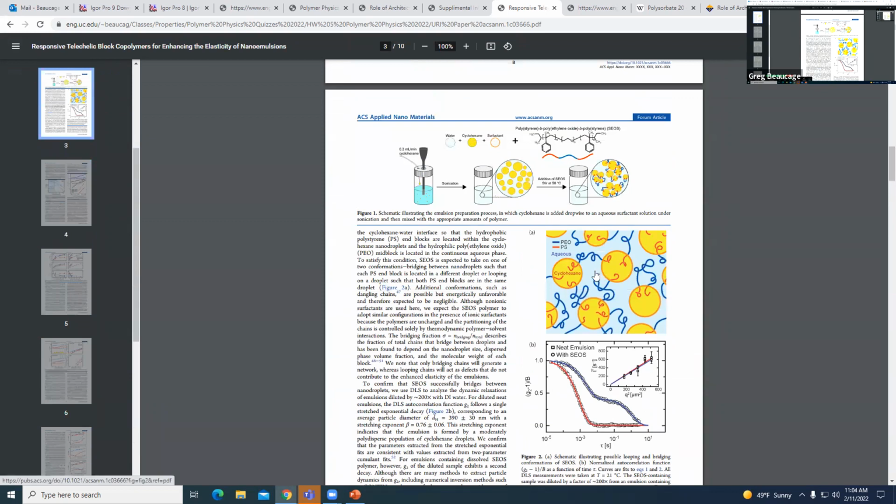The question is kind of simple. With the Tween, you get some cyclohexane and water. You don't even have to put it in a blender, you just shake it, and it'll self-assemble into these vesicles. And then I think you just bought this polymer, PEO with polystyrene at the end, and you just mix it up and heat it and stick it in the rheometer.